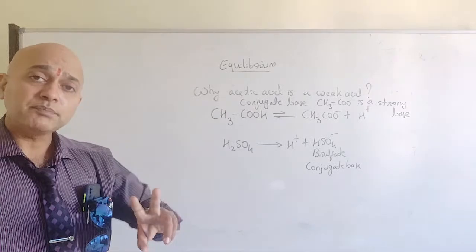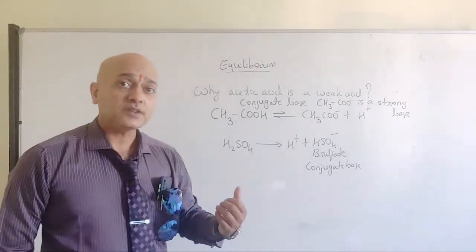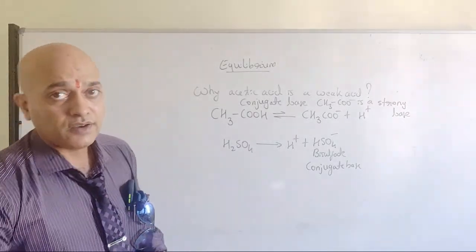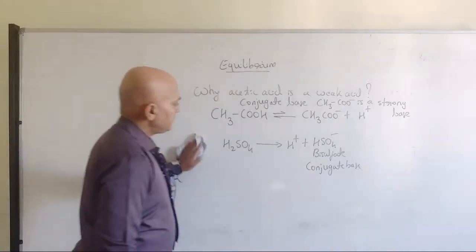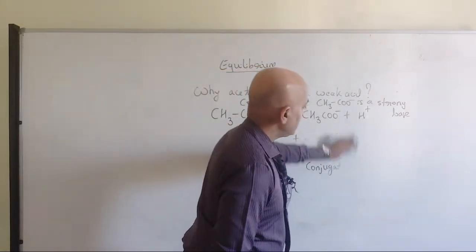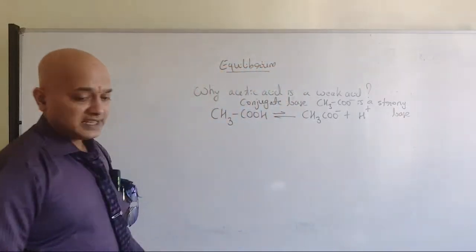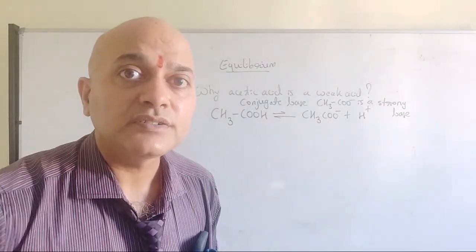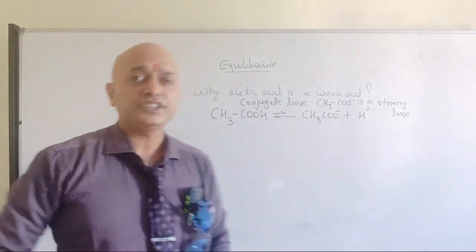And the same thing is applicable for bases. A base can behave as a strong base or a weak base depending on its conjugate acid. Okay now? Any doubts? Fine? Right. A very interesting point here is, in the case of HCl, since the chloride conjugate base is weak, so it is the reason why I say, yes Ashish.